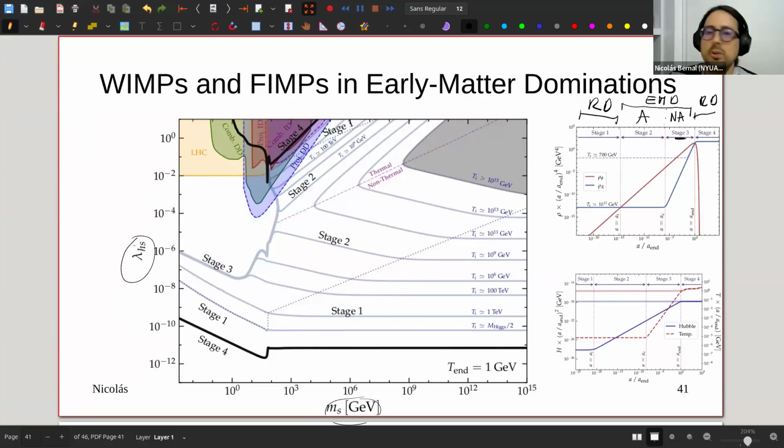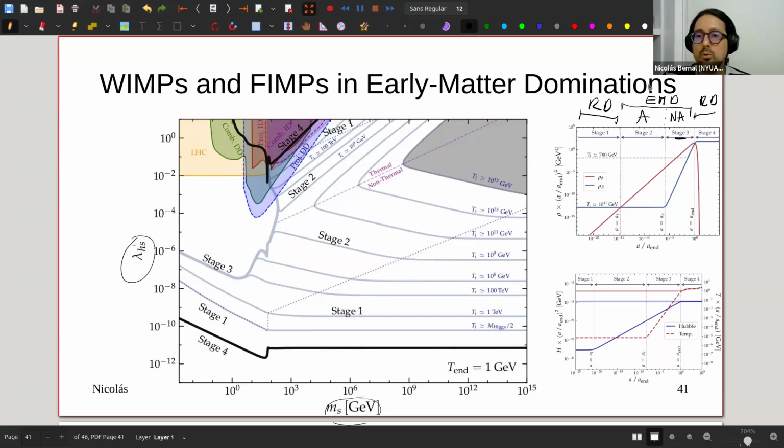So this early matter domination is not the late dark matter domination. Just imagine that you have a heavy particle. If you have a non-relativistic particle, it will tend to dominate because its energy density goes like 1 over scale factor cubed, while radiation goes like 1 over scale factor to the power 4. So matter tends to dominate, right? That's why dark matter dominates in the late universe.